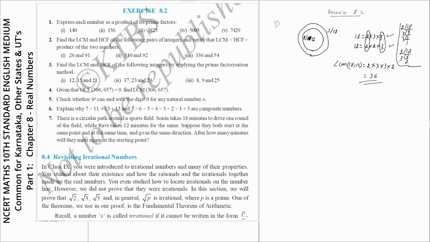Actually, if you see, Sonia will make 2 rounds, 18 2s are 36, and 12 3s are 36, so Ravi will make 3 rounds, and at the starting point they will meet again, at the 36th minute.